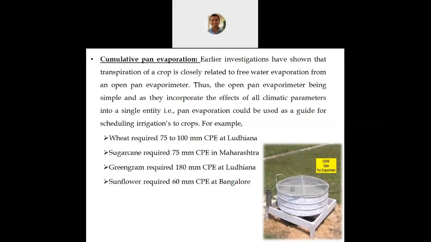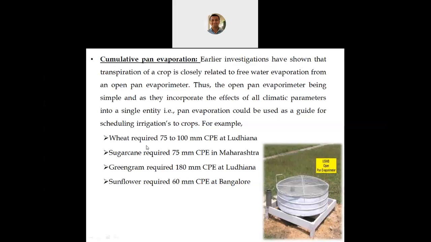Likewise, if the day is windy, that means there are wind conditions prevailing, so it will also promote more evaporation. Now, based on this approach, we measure the cumulative evaporation from the pan evaporimeter for a period.